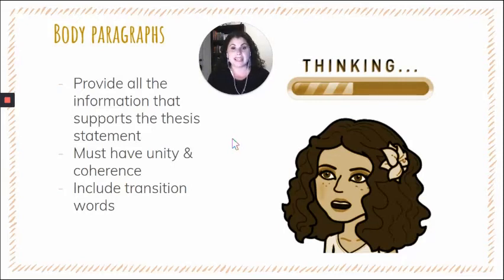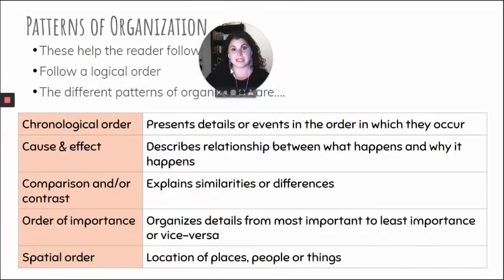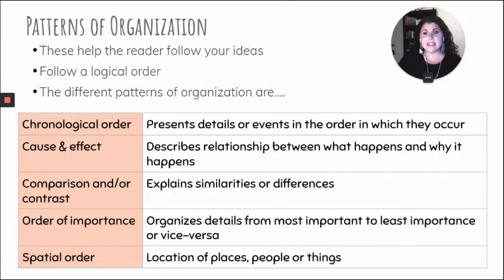Remember that transition words are those words that connect different ideas one to the other. Now, inside of this, we have something that's called the patterns of organization. And also remember, you can pause this video so you can take notes and write this down, etc. These help my reader follow ideas.